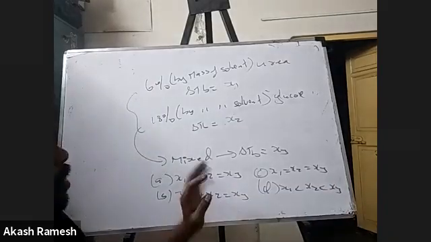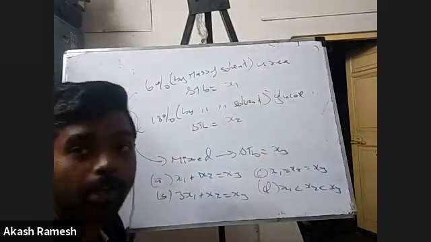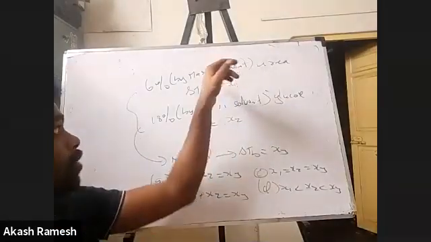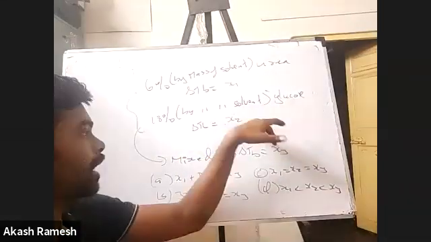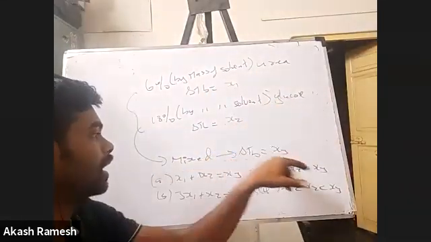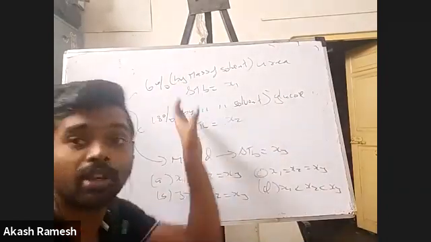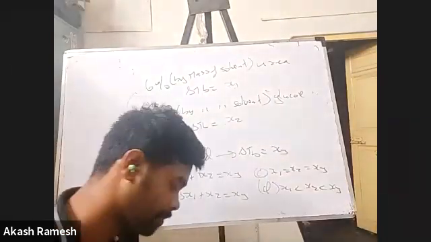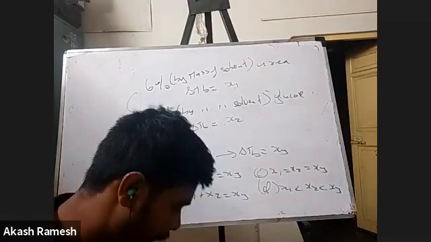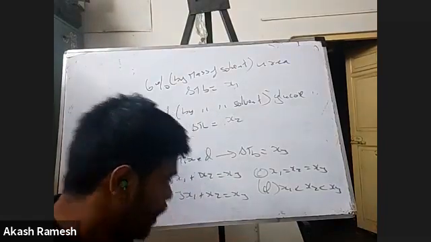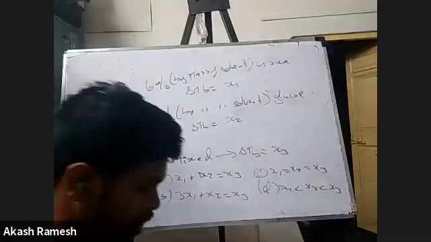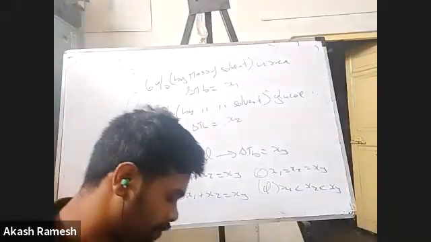So x1, x2, x3 are the elevation in boiling points of the three solutions. x1 is for only the urea, x2 is for only glucose, and x3 is for the two solutions mixed together. You have to find the relationship between x1, x2, and x3.